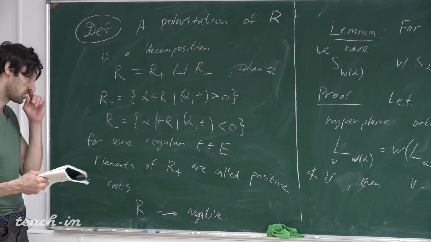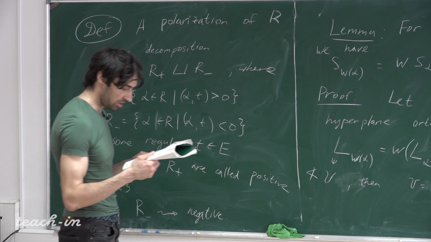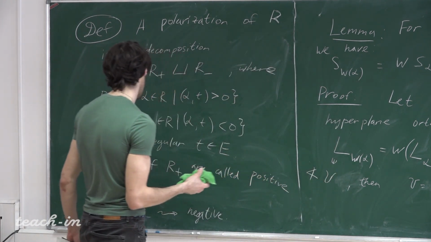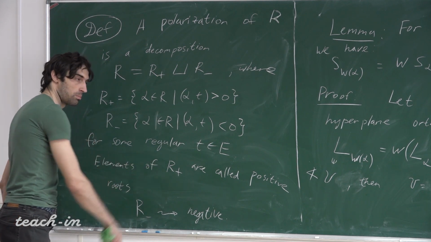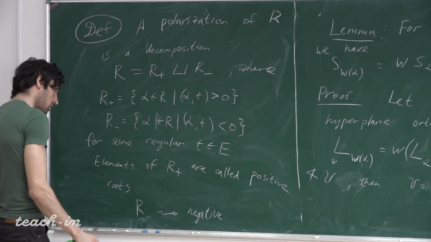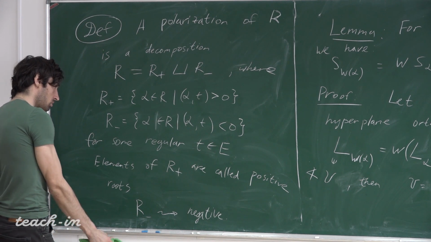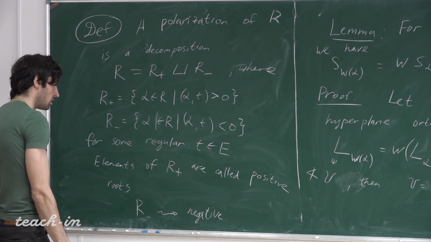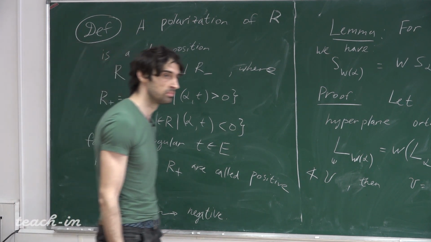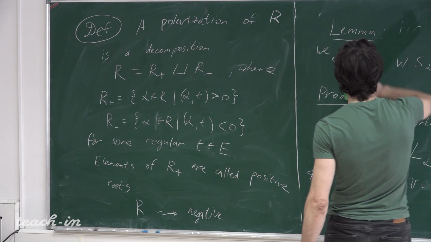Okay, this is just terminology. And so once I chose a polarization, I would like to consider inside R plus some roots which are called simple. Okay, so now the definition is coming.